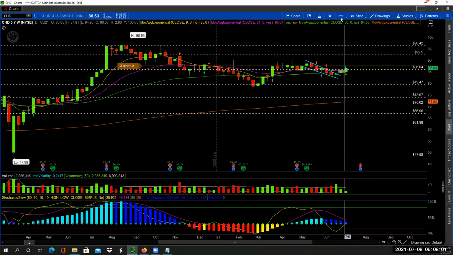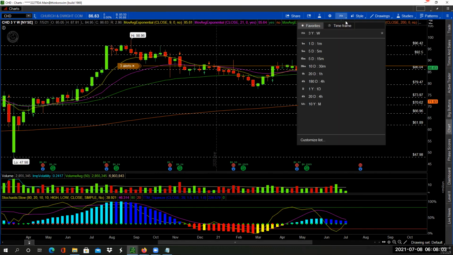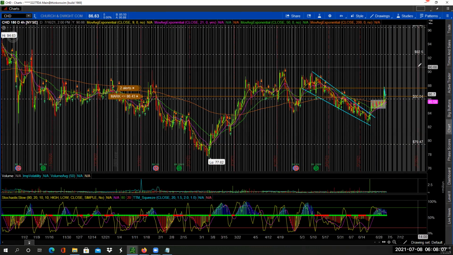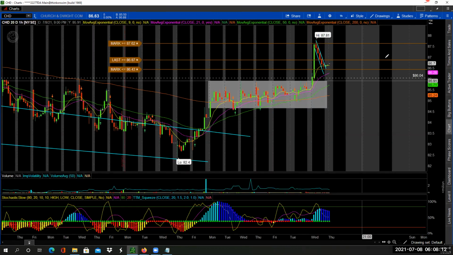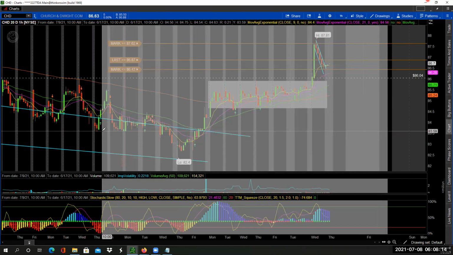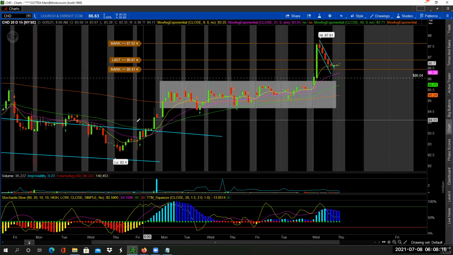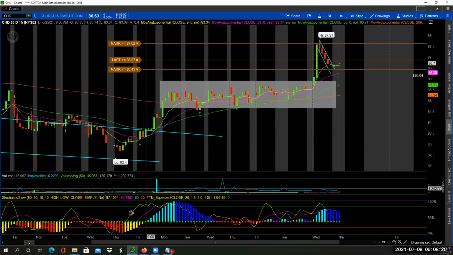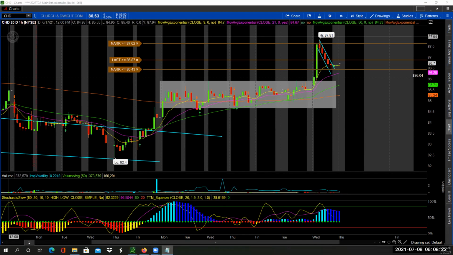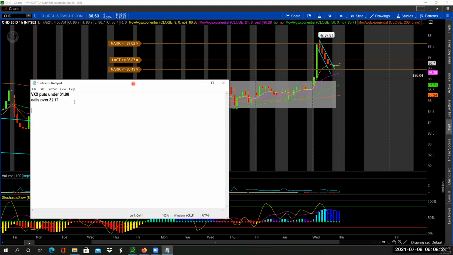Sometimes the ex-dividend date is a couple of days before earnings, but you can trade the run up for that. You can also buy shares. ET is one of them, where they have high dividends, and you can totally trade that right before the ex-dividend date because people are trying to get shares so they can get dividends.